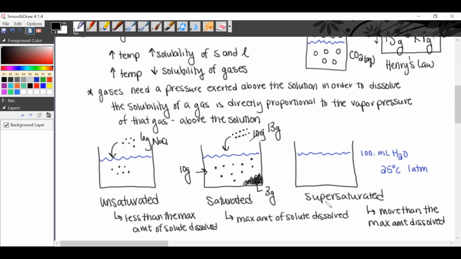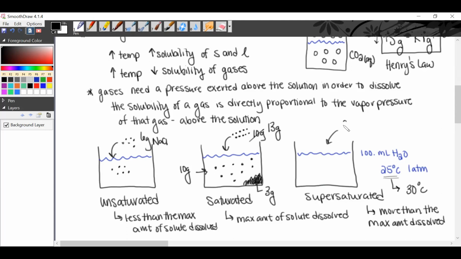The way that we get to a supersaturated solution is we take a saturated solution and we heat it, right? Because remember, this is saturated at 25 degrees Celsius. But if I heat it up to like 30 degrees Celsius, now you can get more than the maximum to dissolve.